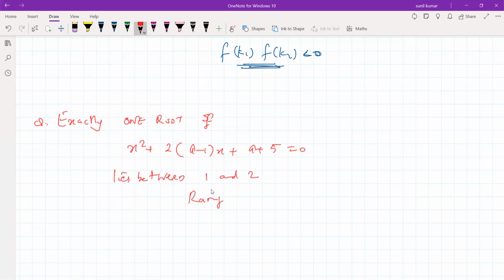K1 is 1, K2 is 2. What is the range of a? This is the question based on this concept.